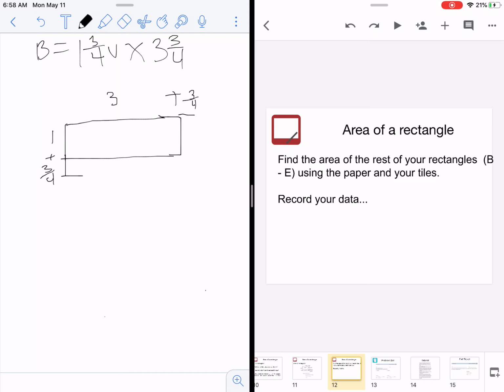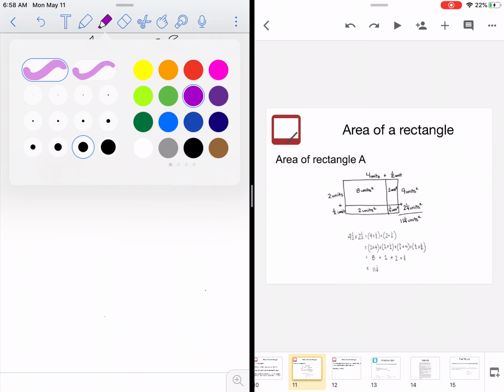So we need to find the area of this rectangle here. So how do we do that? I'm going to highlight our boxes.